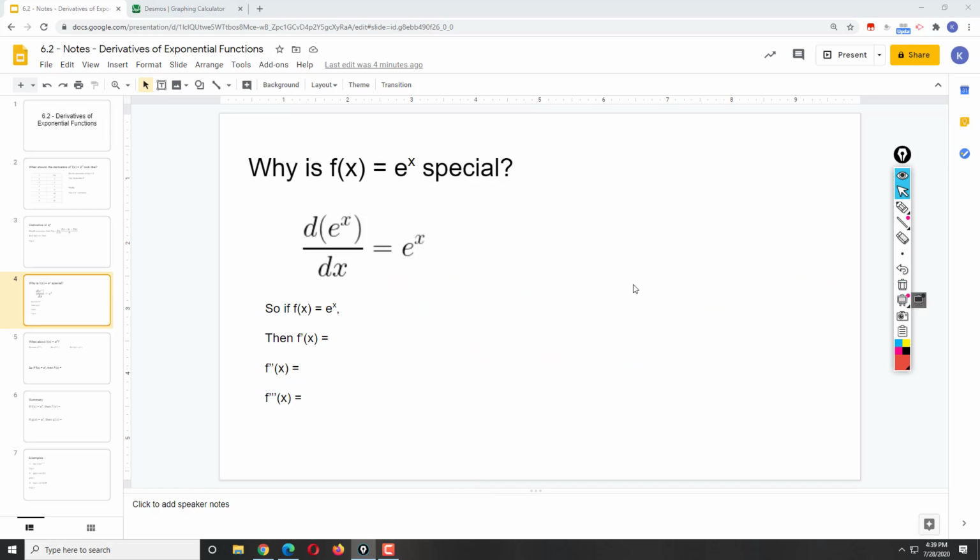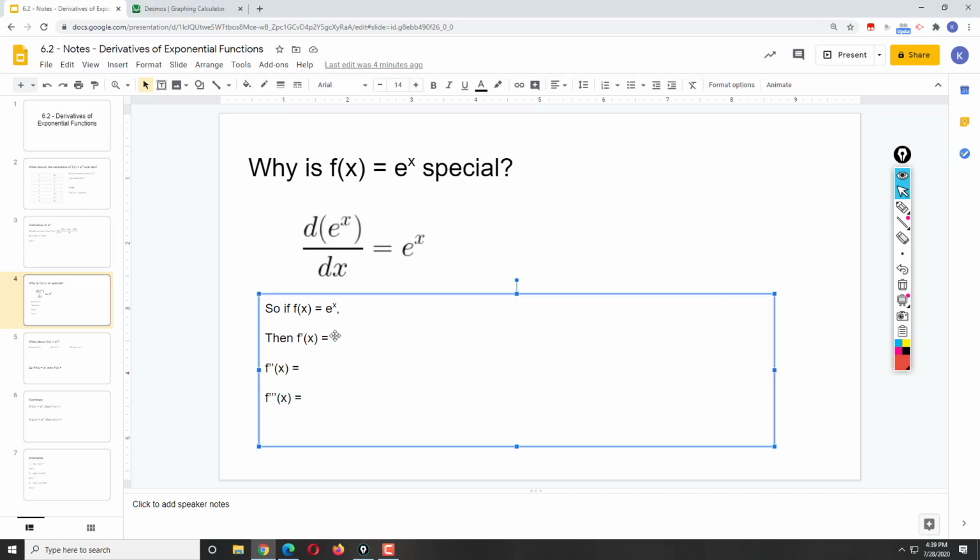It's the only family of functions in which the derivative is the same thing. I say family because for 3e to the x, the derivative is still 3e to the x. So to summarize, if f of x is e to the x, then the first derivative is e to the x. The second derivative is still going to be e to the x.